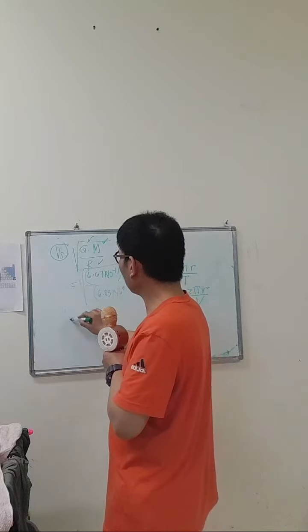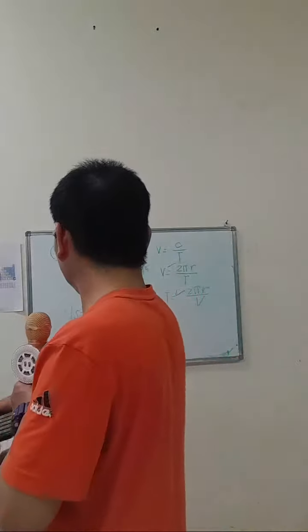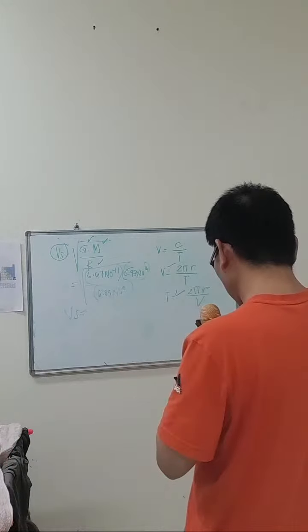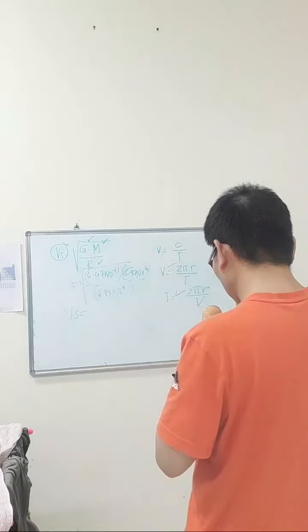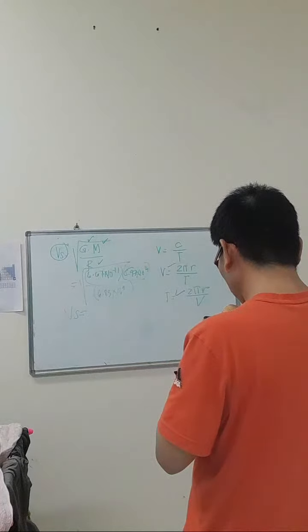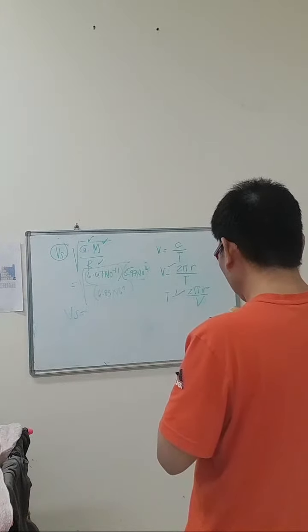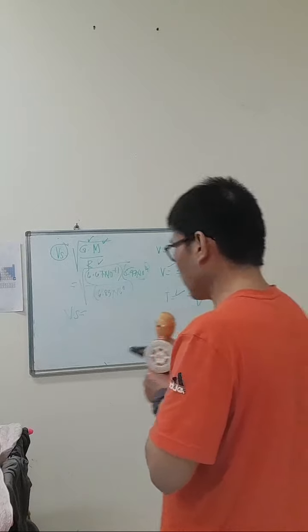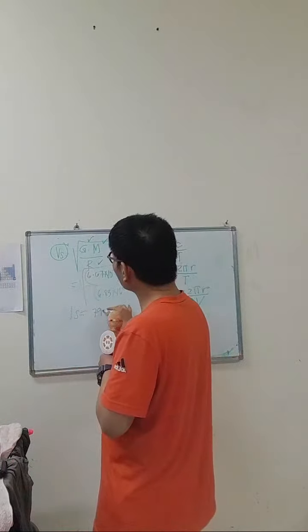That gives us 7,900 meter per second. This is the velocity of the satellite.